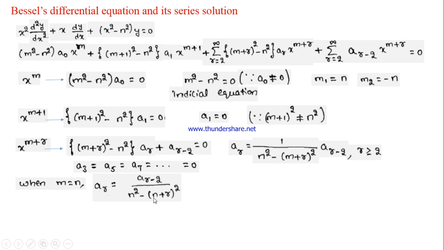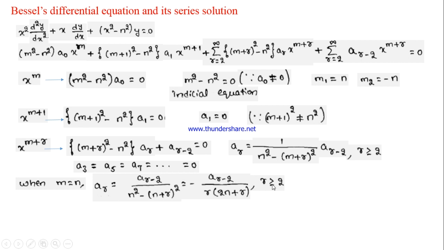In the denominator, here we have an (a plus b) whole square form, and with the expansion we get minus n square, that will cancel with plus n square, and minus r will be common from the remaining expression, and we will get minus r times (2n plus r). And from this recurrence relation we can find a2, a4, a6, a8 and so on.